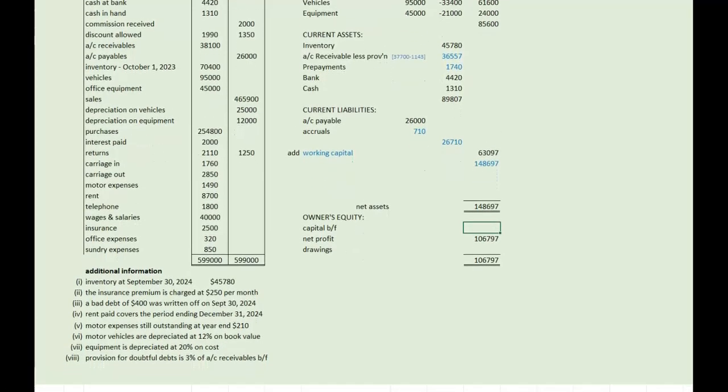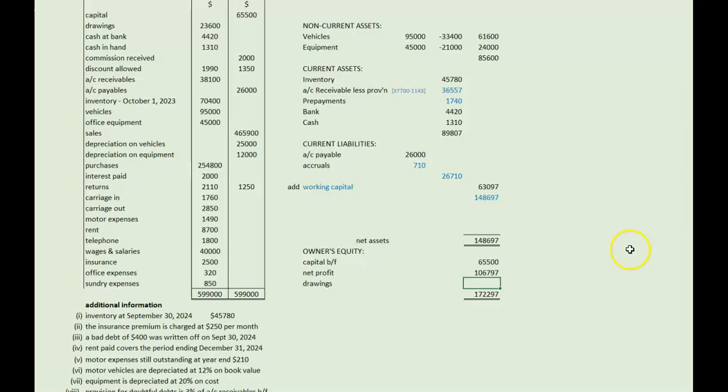The capital was 65,500. And the drawings, where are they? And the drawings were 23,600. And there we have it.